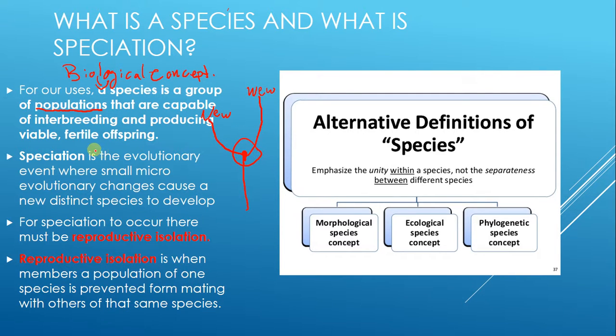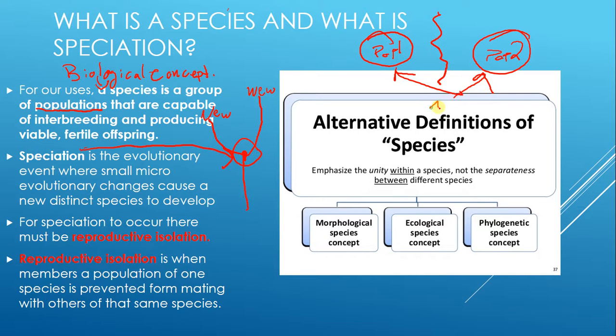So this is speciation. For speciation to occur, there must be what's called reproductive isolation. Reproductive isolation is where members of one population of a species are prevented from mating, for some reason, with another population of the same species. So we have population 1, population 2, and something prevents them from mating.